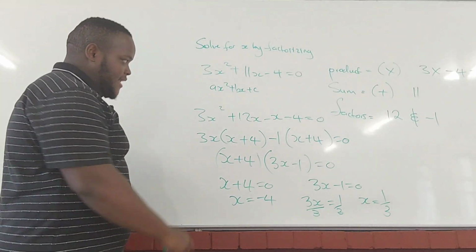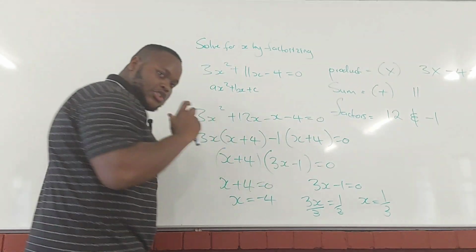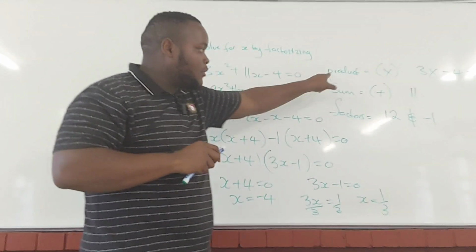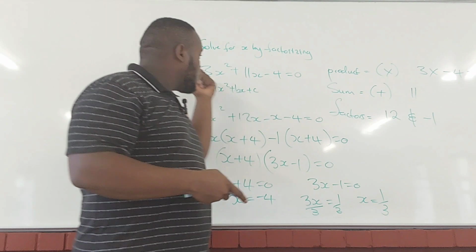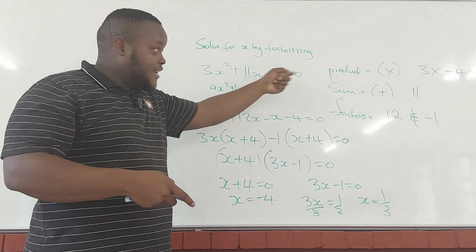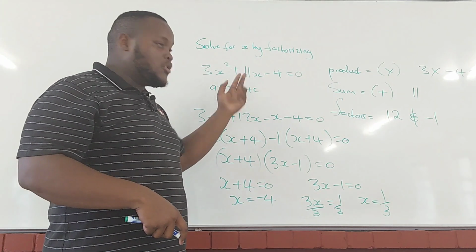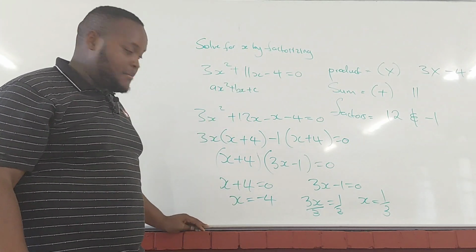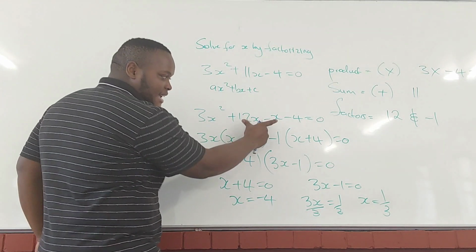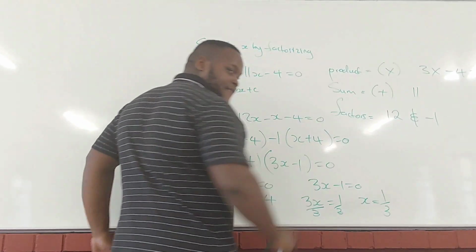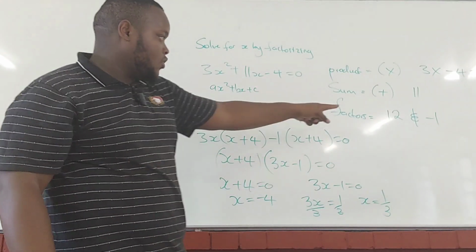When it comes to the factors, you look for two numbers such that when you multiply them, they give you the product, 12, negative 12 in this example, but when you add them, they give you the coefficient of the middle term. Then you rewrite the middle term in terms of its factors, the ones that you got over there.